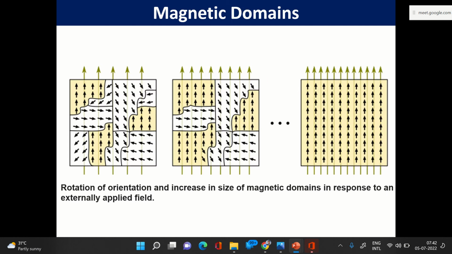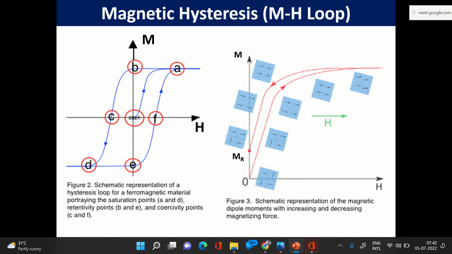Here we have the graph. At this point, dM by dH will be different from the starting point. This is the chi, the slope, dM by dH at the zero point, at the origin.